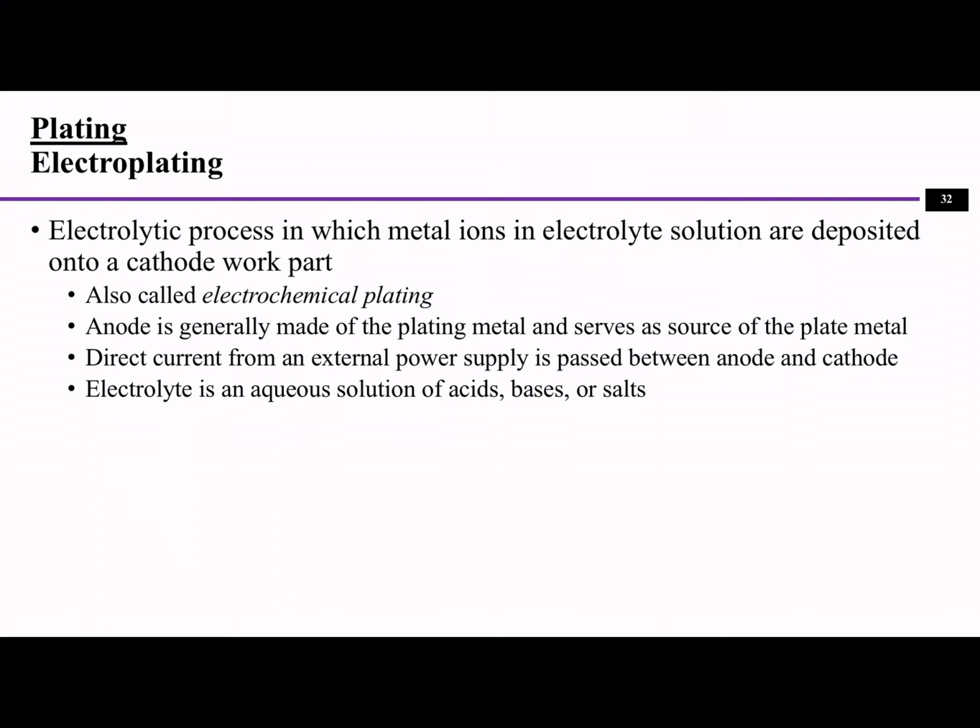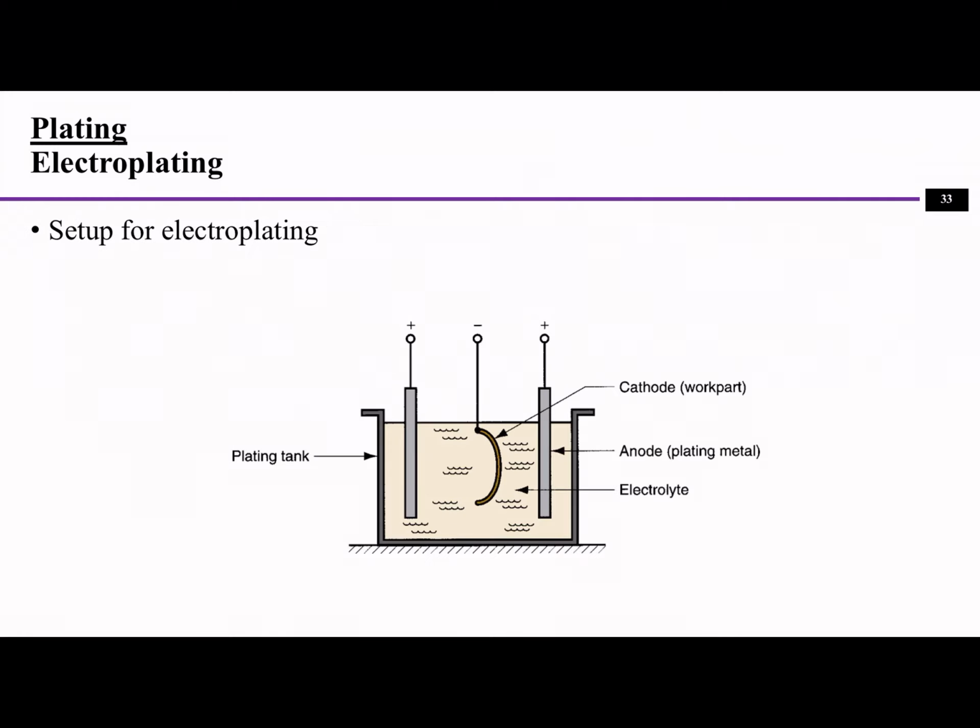The electrolyte is usually a solution of acids, bases or salts that conducts current, so conductivity should be pretty good. During the process, the metal atoms travel from the anode to the cathode, the work part. So this is a setup for electroplating.